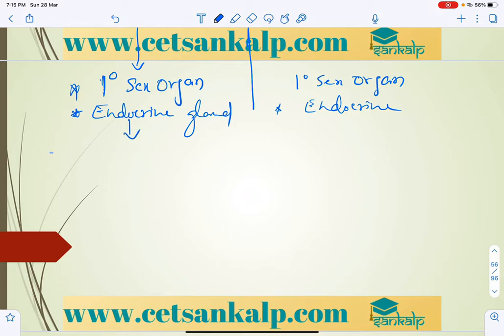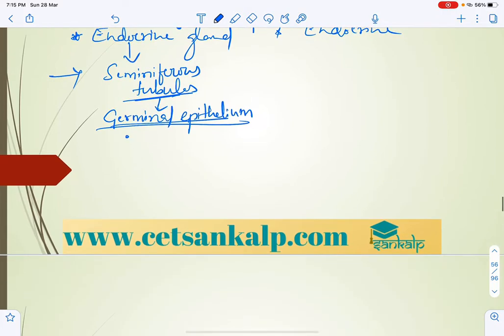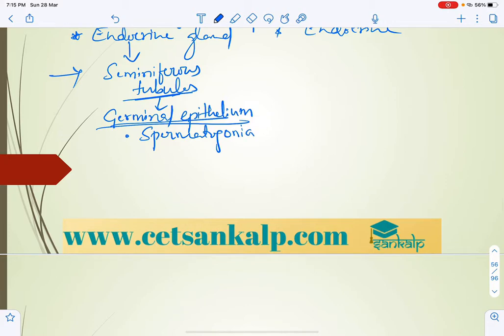Here there are two types of cells which are very important. Seminiferous tubules are lined by germinal epithelium, and that germinal epithelium has the spermatocytes, you can say spermatogonia, many gonia, singular gonium, right?